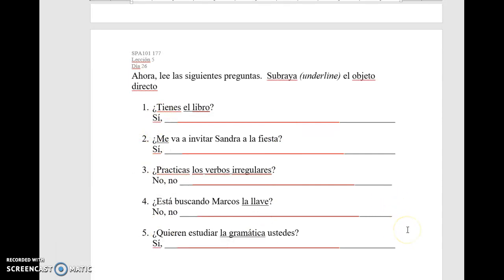And I want you to replace all the direct objects with their pronouns and write a complete statement. Okay, I hope that's clear. And I want you to bring it to class on Tuesday, November 20th.